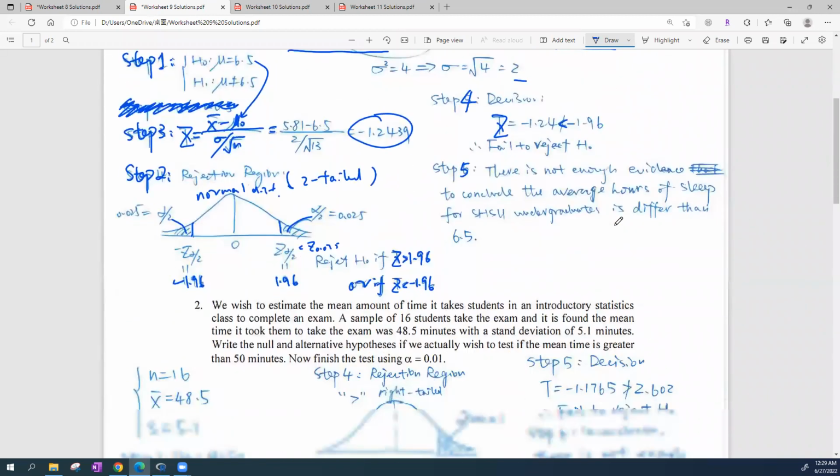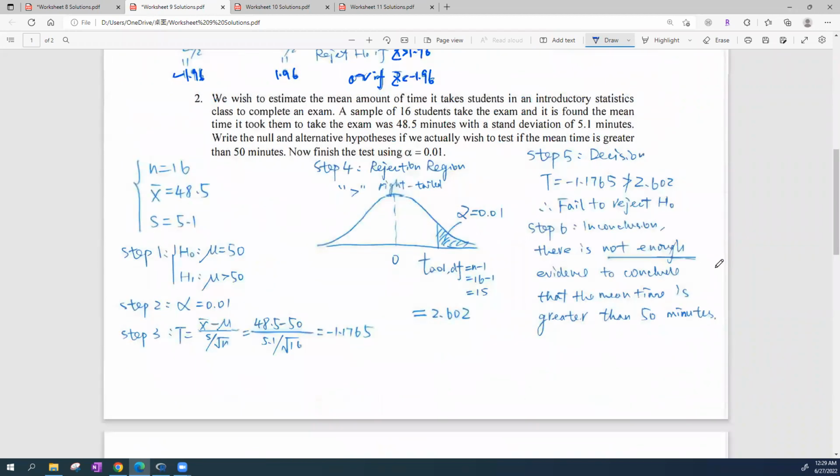Okay, that's question 1. Question 2, we wish to estimate the mean amount of time it takes students in an introductory statistics class to complete an exam. A sample of 16 students take the exam, and it is found the mean time it took them to take the exam was 48.5 minutes with a standard deviation of 5.1 minutes.